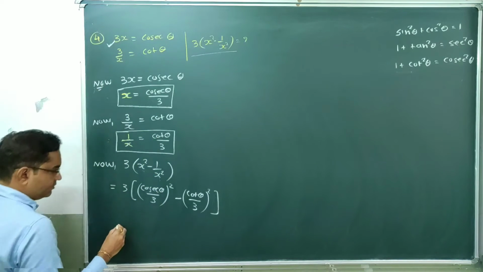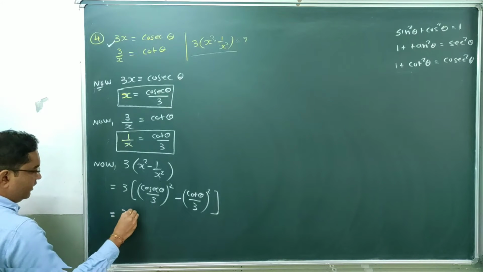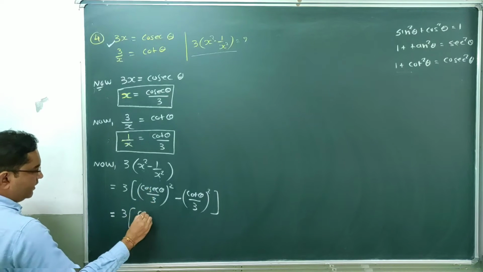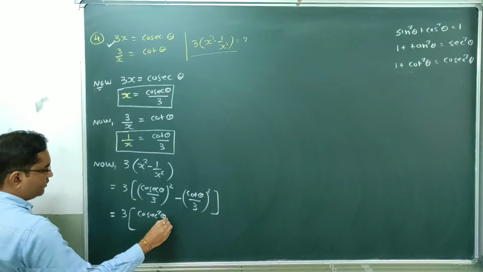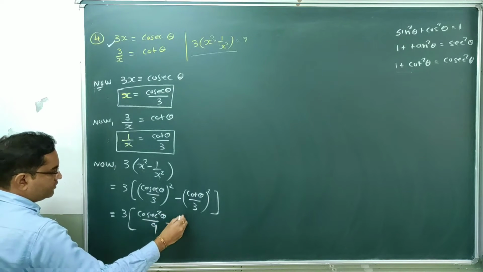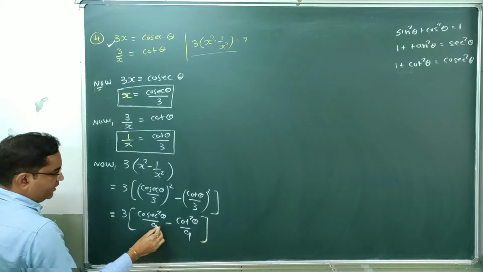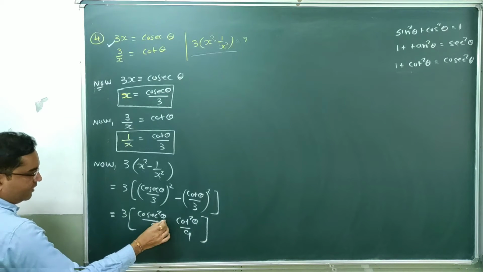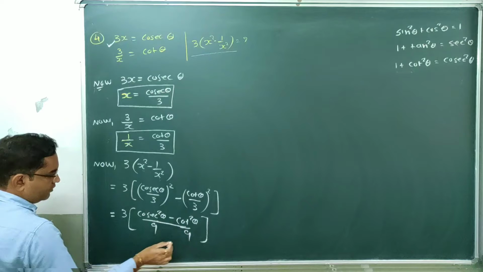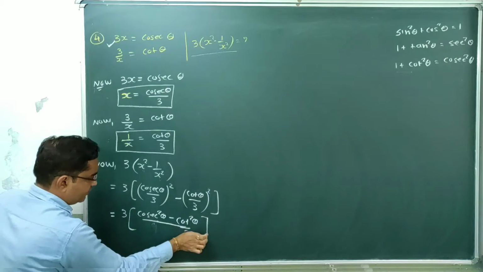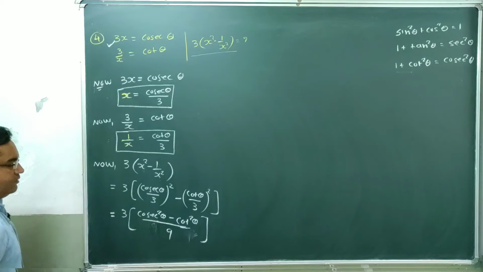So here this will be equal to 3 into cosec square theta by 9 minus cot square theta by 9, and here we can take 9 as the LCM. So it's cosec square theta minus cot square theta by 9. Done.